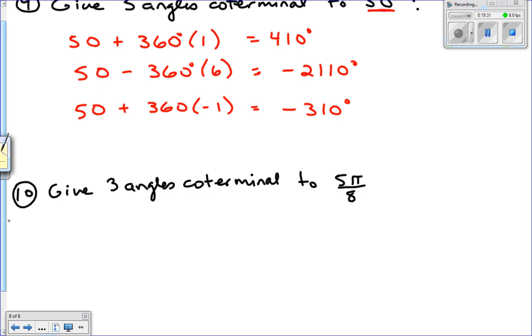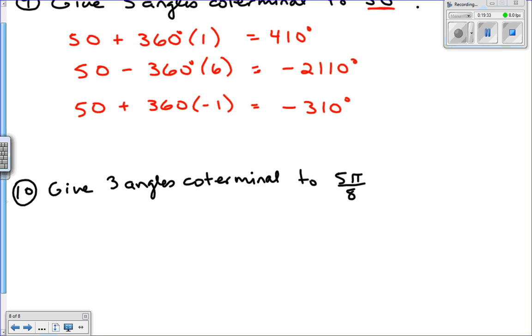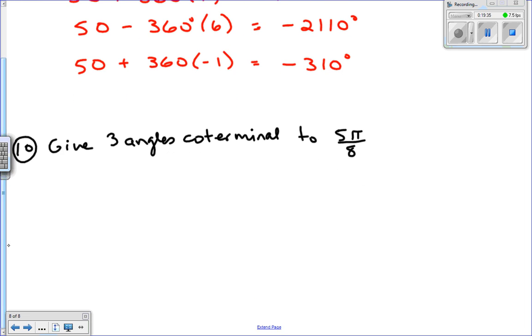Okay, they're a little bit trickier. We want angles that are coterminal to 5 pi over 8. So we can say, well, let's try 5 pi over 8 plus 2 pi times 1. So if you can, in your head, turn that 2 pi into eighths.